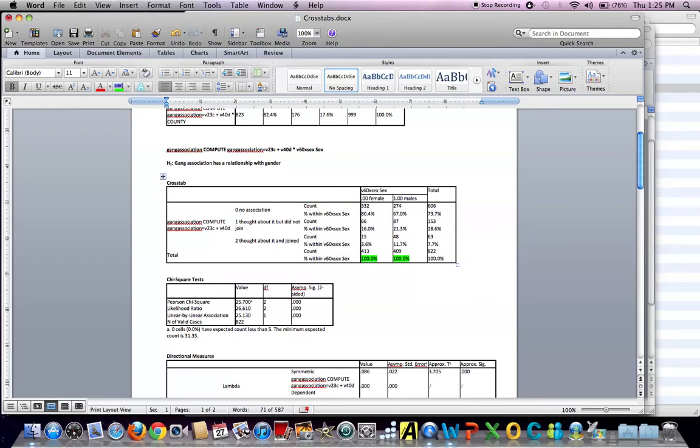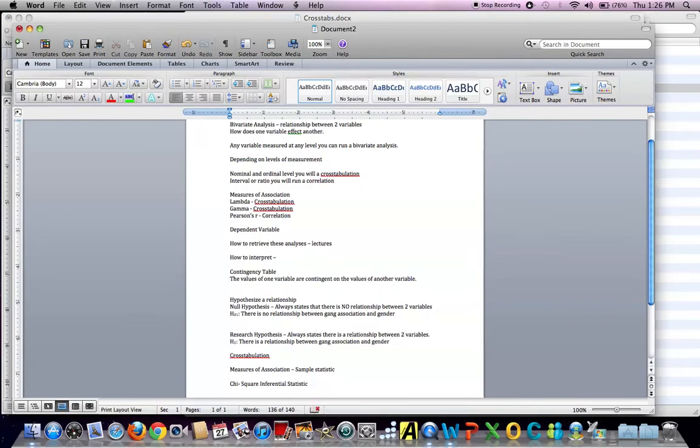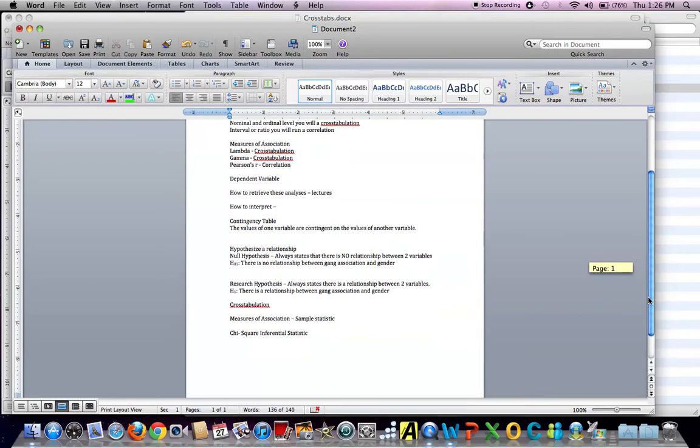So in the case of gang association and gender, we have a mixed bag here. We have both an ordinal level measure and a nominal level measure.